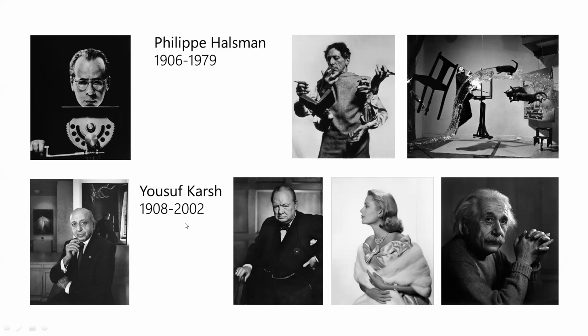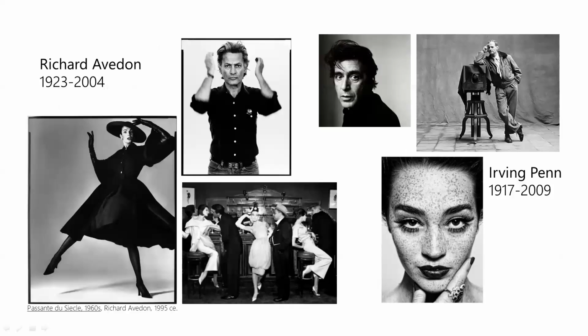Or someone like Yusuf Karsh, who made his living as a portrait photographer. Some of these portraits were official portraits, some of them were ones that he just did on commission, but a lot of them were commissioned by publications. We need a great photograph of Albert Einstein, kind of thing. Might have been Time Magazine for that one.